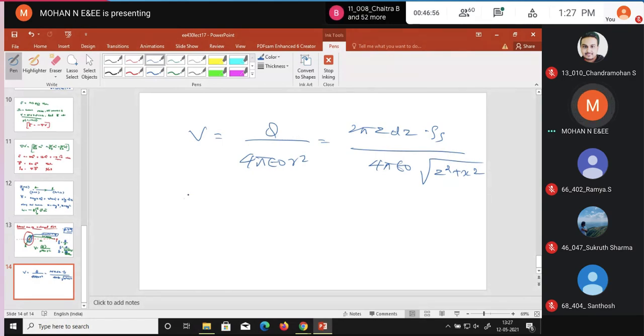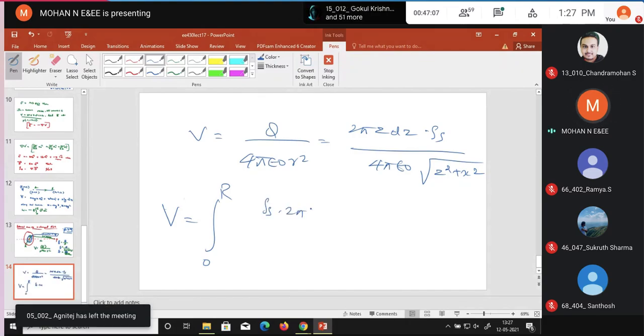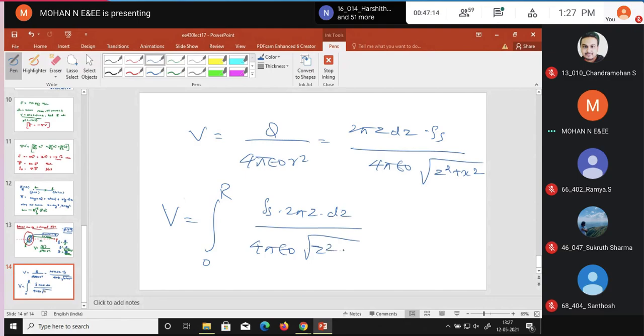So this is for the annular ring. For the whole disk, it is from 0 to r, rho s into 2 pi z into dz divided by 4 pi epsilon naught square root of z square plus x square.